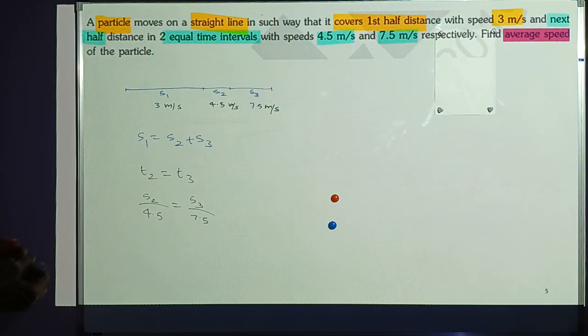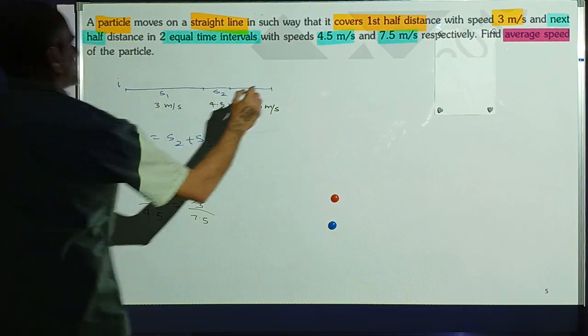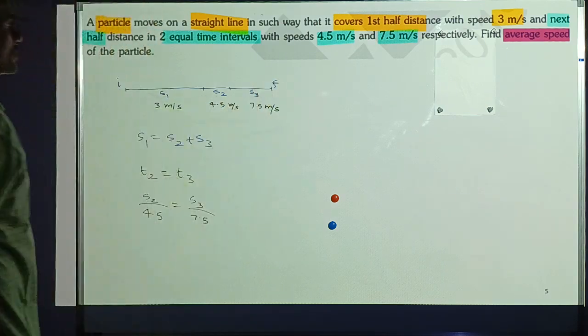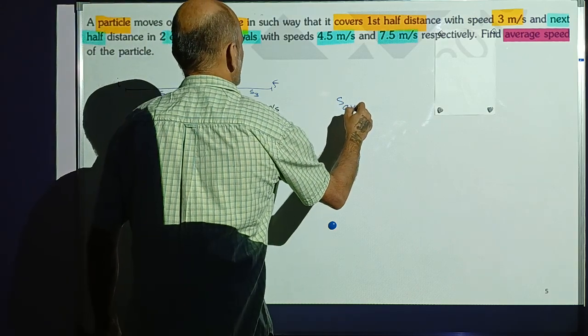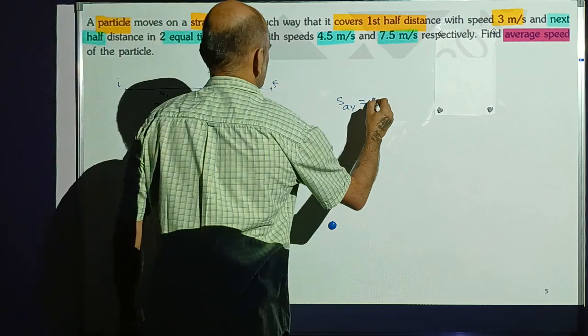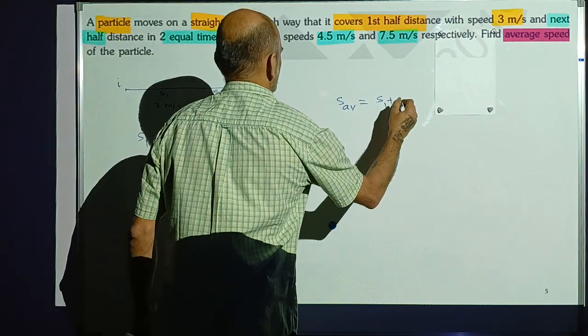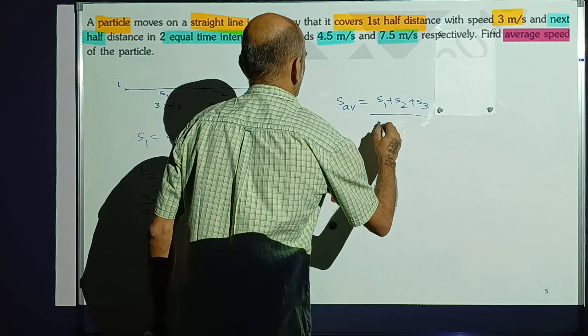Find the average speed of the motion. So this is the initial point and this is the final point. So for this full motion, average speed is the total distance covered. This is the definition of speed: total distance by total time.